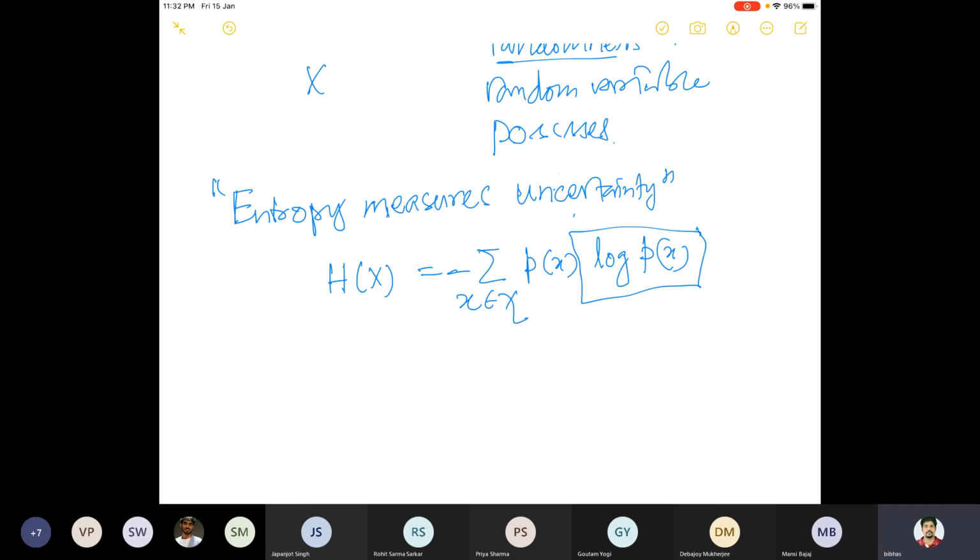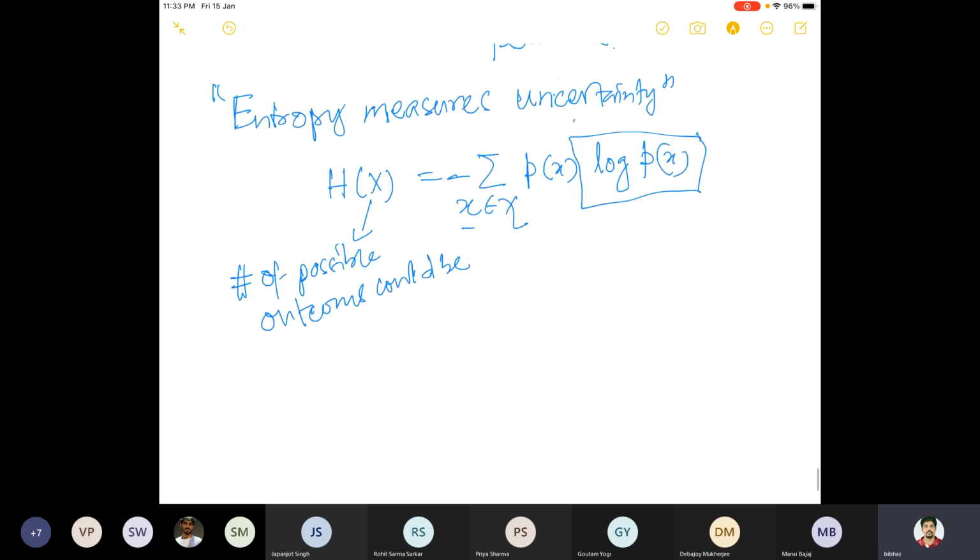Whenever the number of alphabets or sample points is finite, this sum is always finite. But X is a discrete random variable, and the number of possible outcomes could be countably infinite as well.